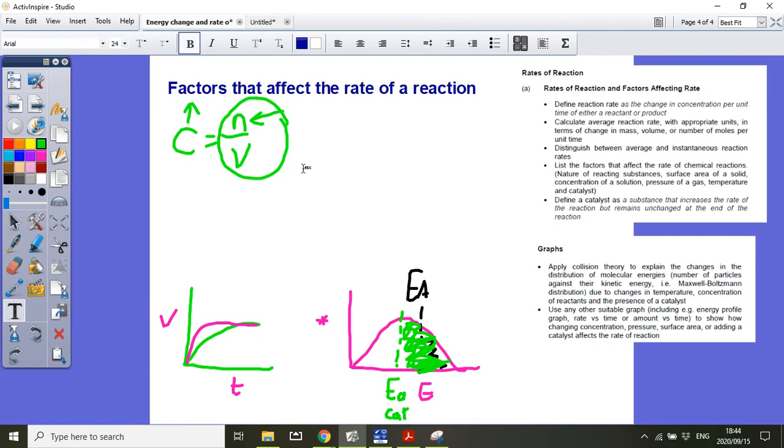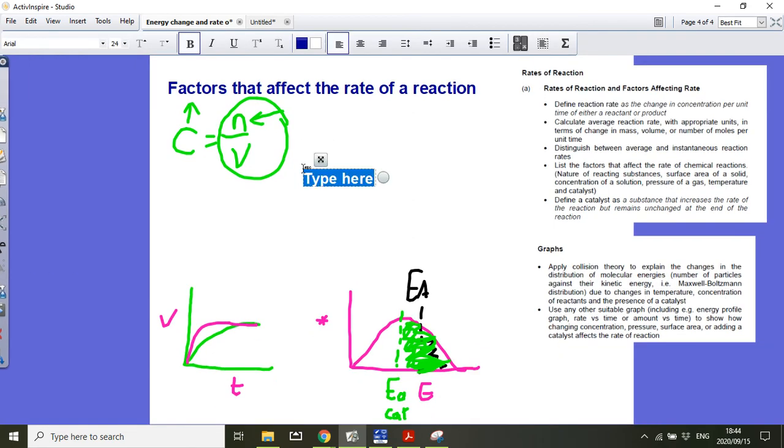So for my points for concentration, you're going to say an increase in concentration means there are more particles. You can say moles if you want, per unit volume, because that is what concentration is. If there are more particles per unit volume, more collisions will take place in general.